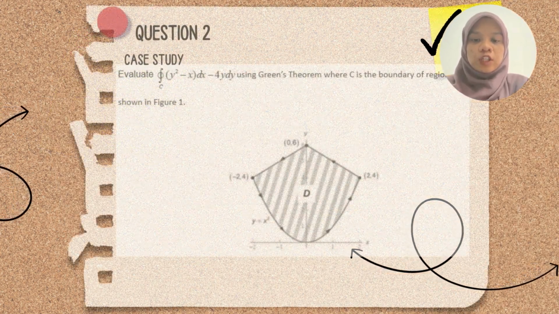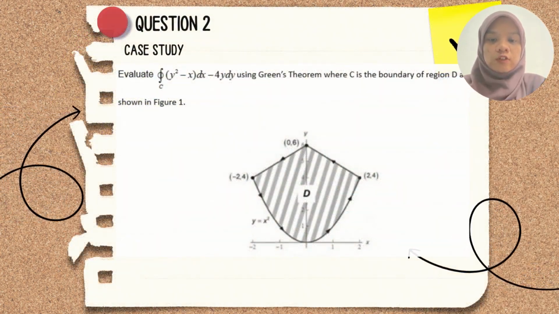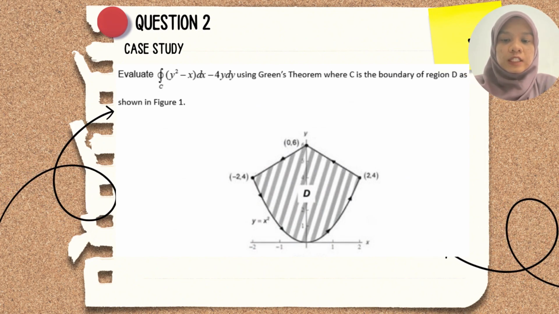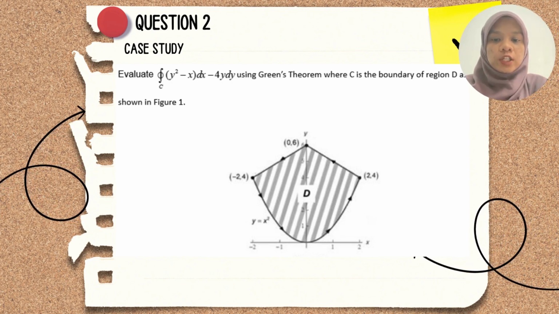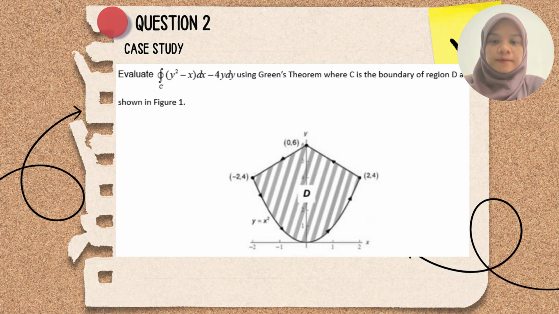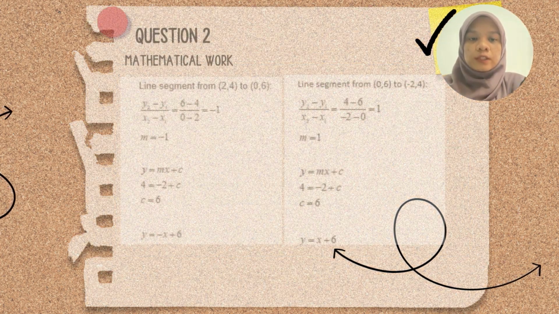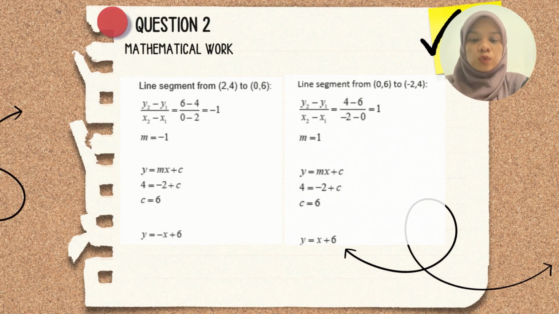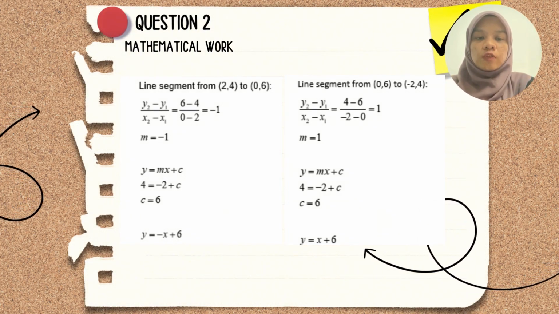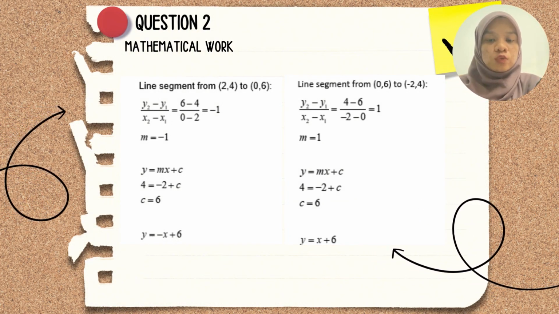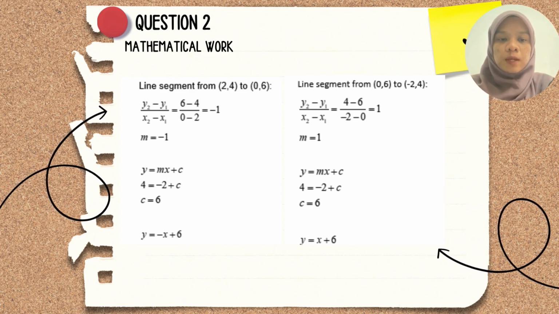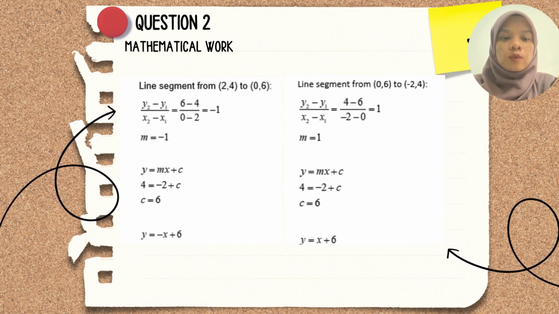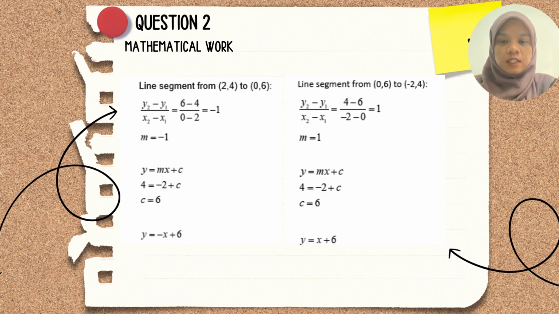Next, I am going to explain the mathematical solution for question 2. As shown in the slide, this is question 2, which is to evaluate y squared minus x dx minus 4y dy using Green's theorem. For the mathematical work, first we need to find the line segment from point (2,4) to point (0,6), where we use y equals mx plus c, and we get y equals negative x plus 6.